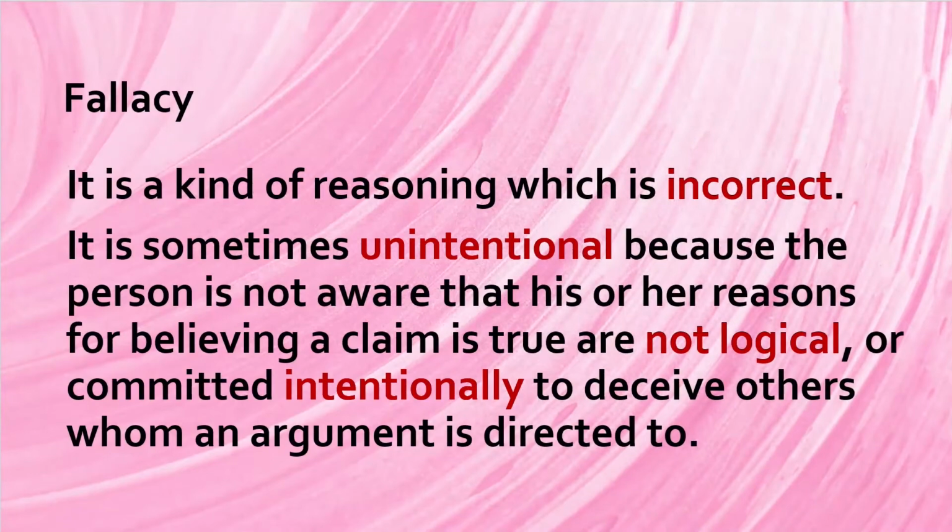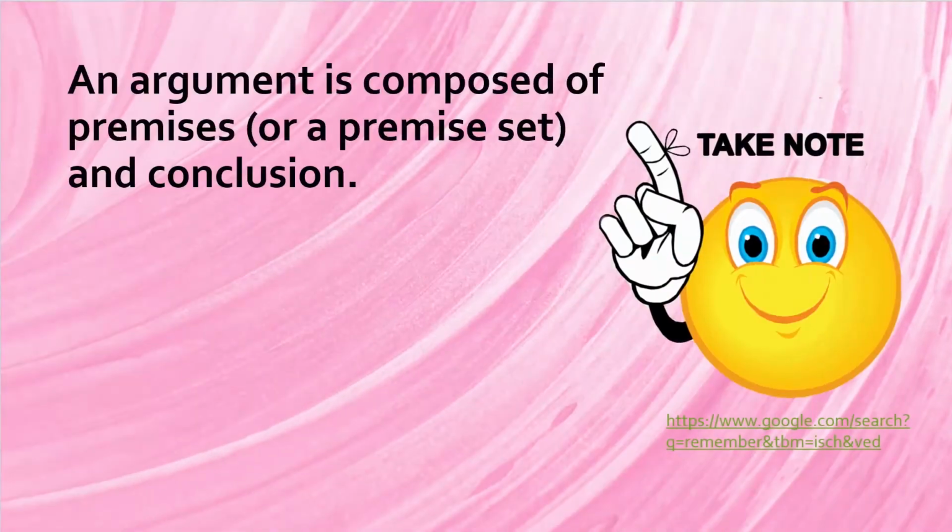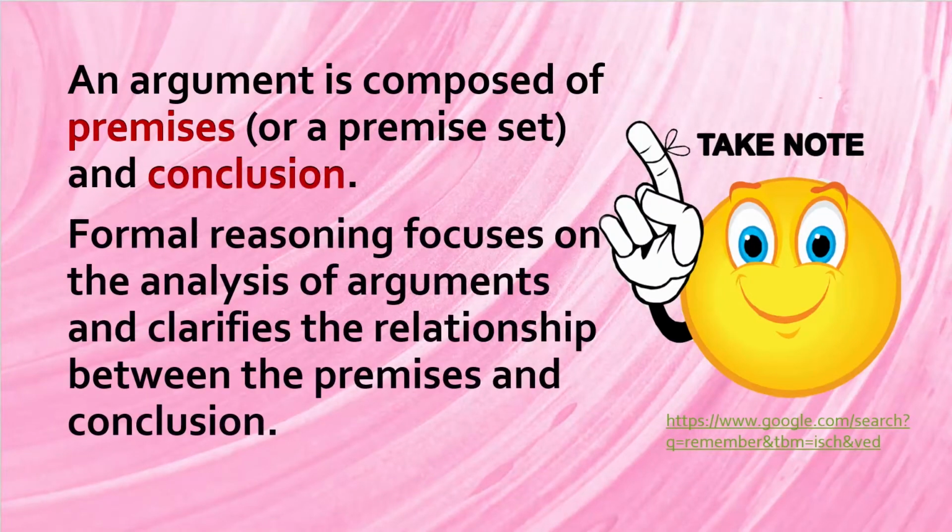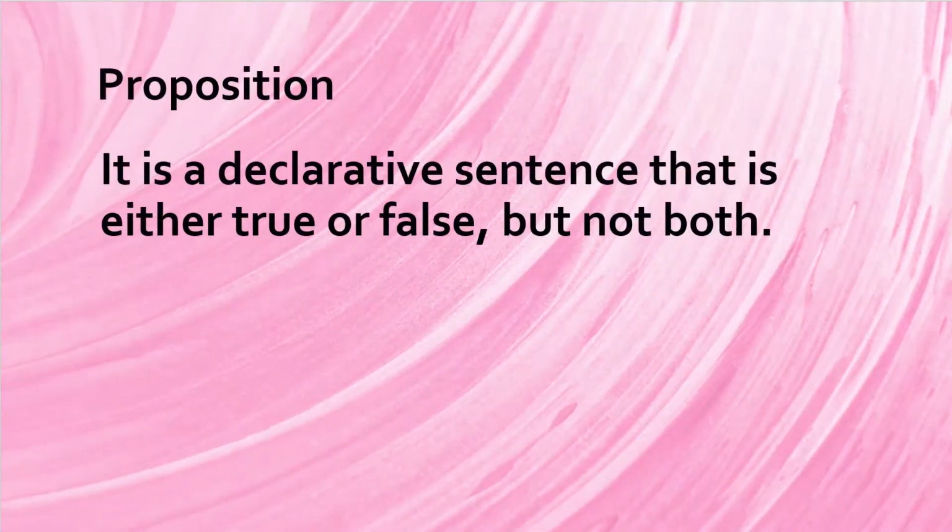Take note. An argument is composed of premises, or a premise set, and a conclusion. Formal reasoning focuses on the analysis of arguments and clarifies the relationship between the premises and conclusion. What is a proposition? It is a declarative sentence that is either true or false, but not both.